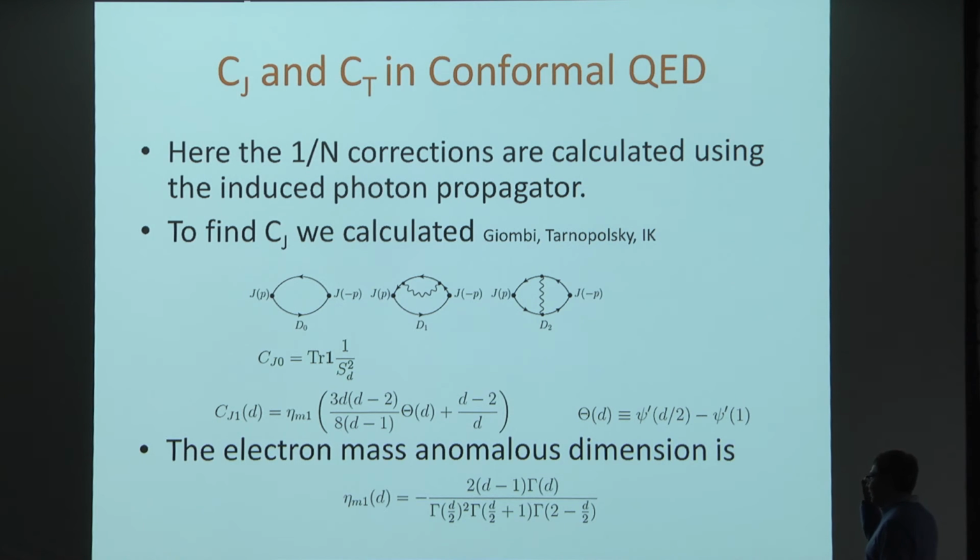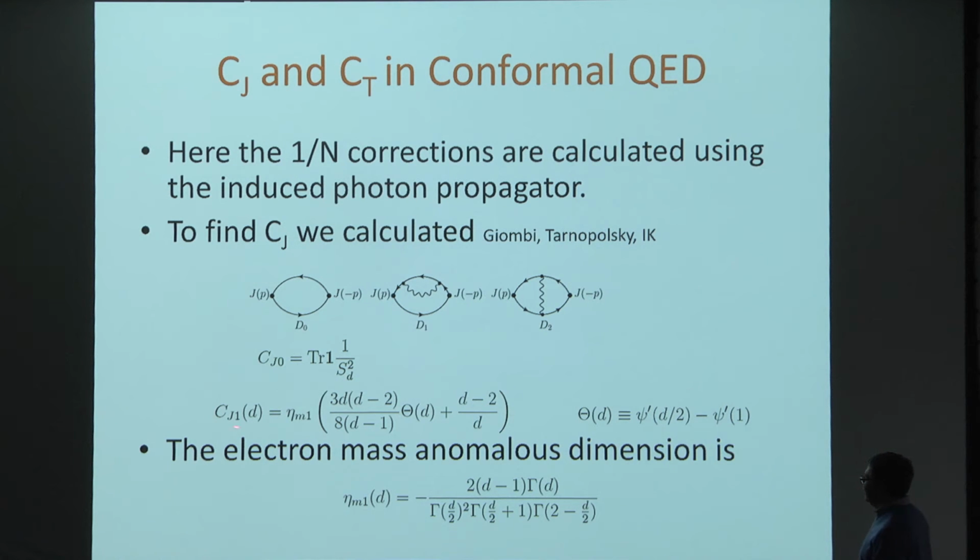Okay, so now similar calculations in conformal QED, which, as I mentioned, is also in some sense a Four-Fermion model. It's a multi-flavor Thirring model where this photon can be thought of as emergent. This is somewhat harder technically, but the strategy is similar. Again, you have these extra lines that you have to attach, except now they're gauge field lines.